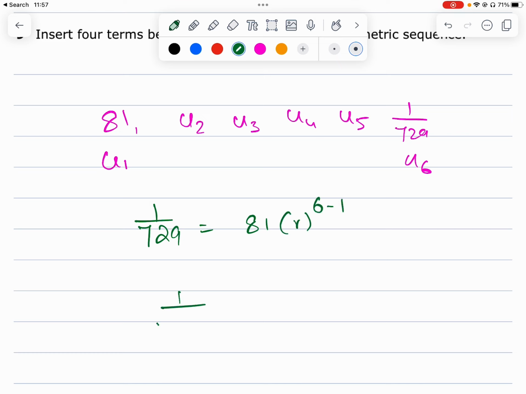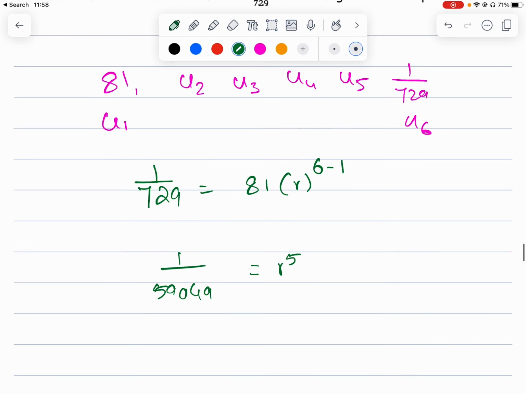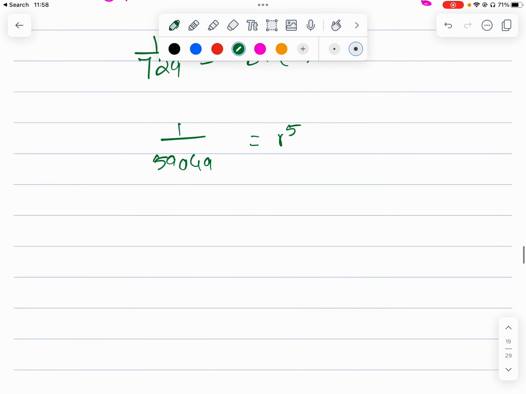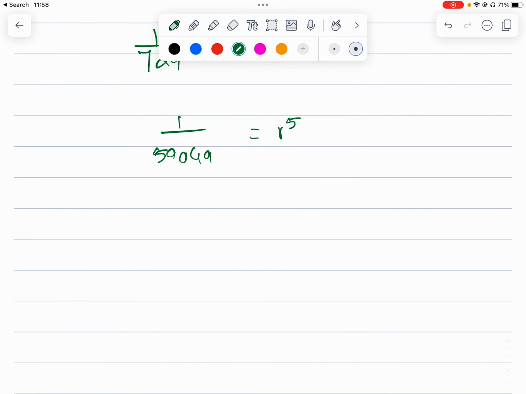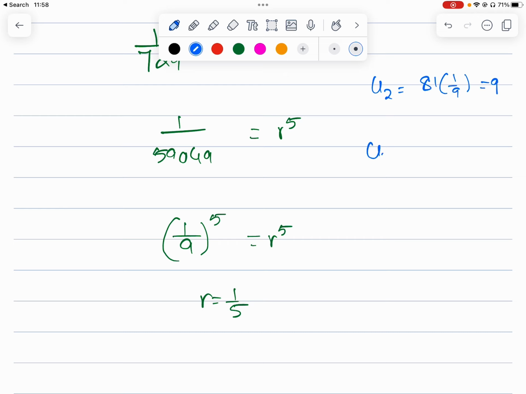So 1 upon 59049 equals r to the power of 5. Which number multiplied 5 times by itself gives you 59049? It is 9. 1 upon 9 whole power 5 equals r power 5. So r equals 1 upon 9. The second term will be 81 times 1 upon 9, which is 9. Third term will be 9 times 1 upon 9, which is 1. Fourth term is 1 times 1 upon 9, which is 1 upon 9.